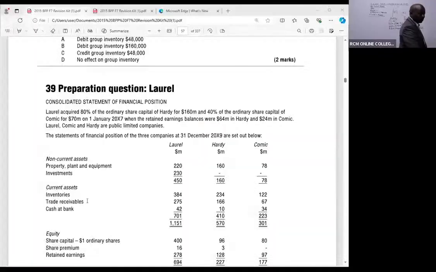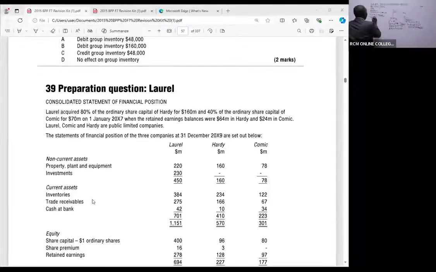So you have inventories, receivables, and then cash at bank. So that is the end of our asset section. Leave some spaces, of course, because things will crop up. You must be very generous with space.